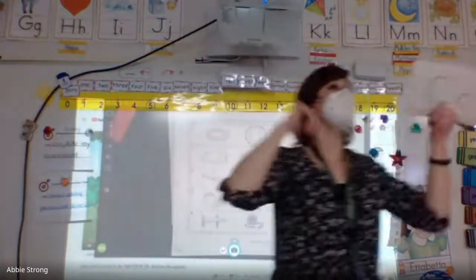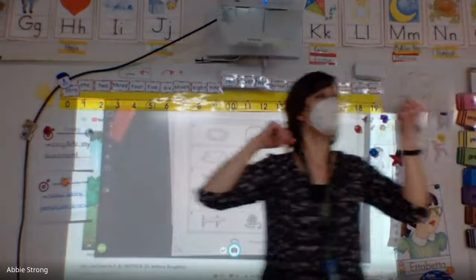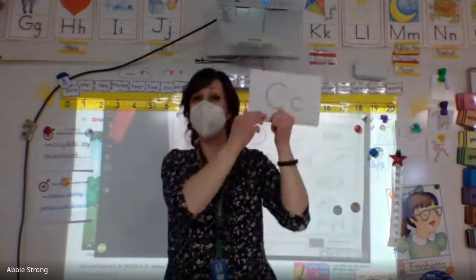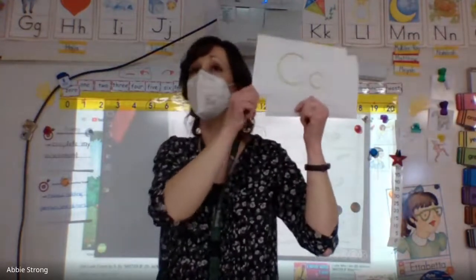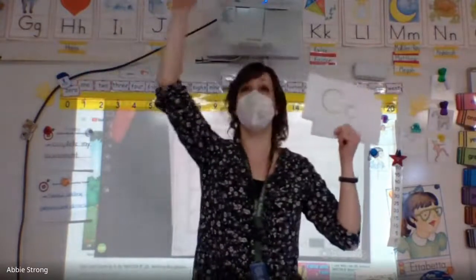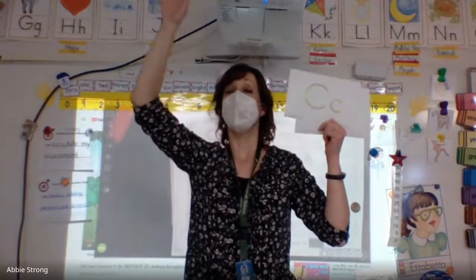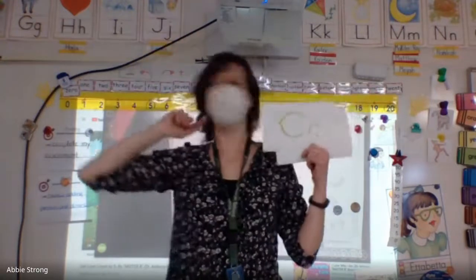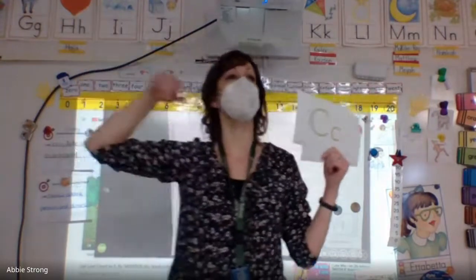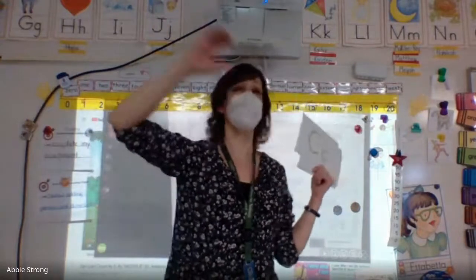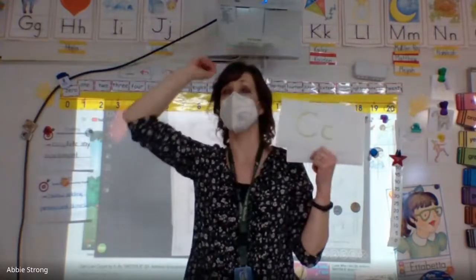Ready? I'm looking for a pair of eyes. Ready? The letter C says k. What's a word that starts with C? You cannot say cat. You cannot say Cass. Paja, I said you cannot say Cass. What's something that you can bake that has chocolate chips in it and they're round and sweet and yummy?